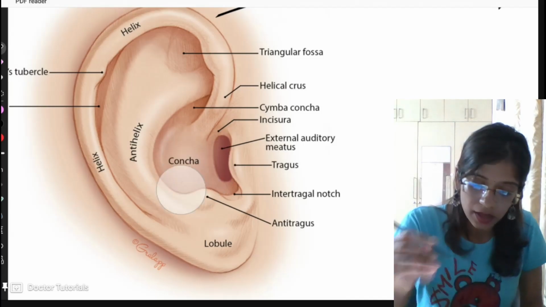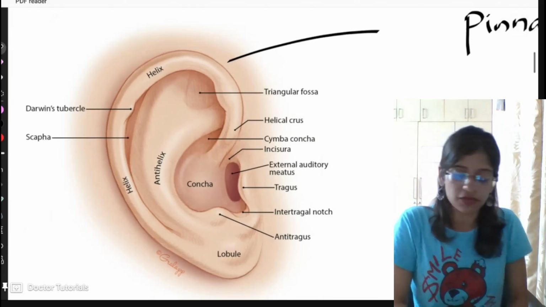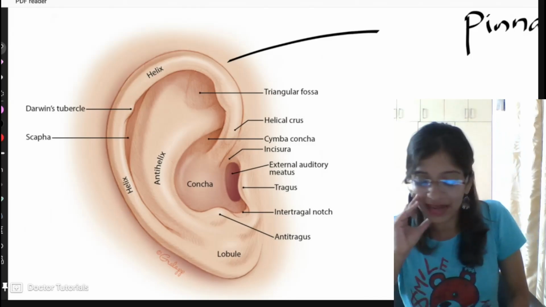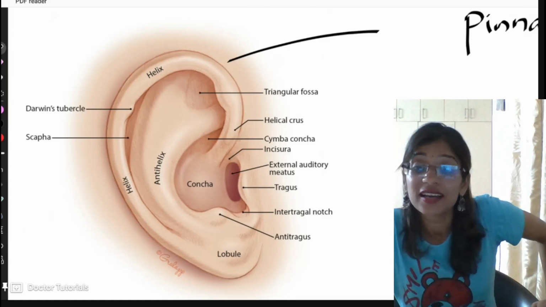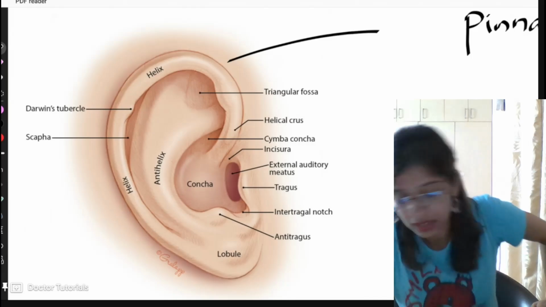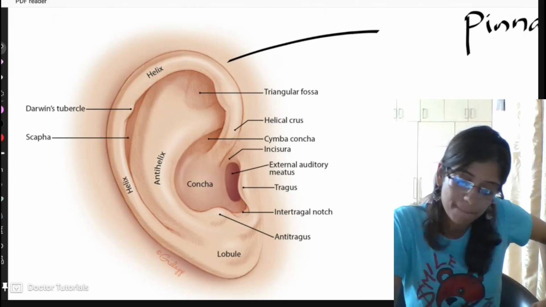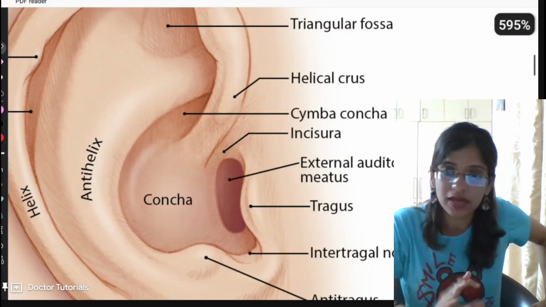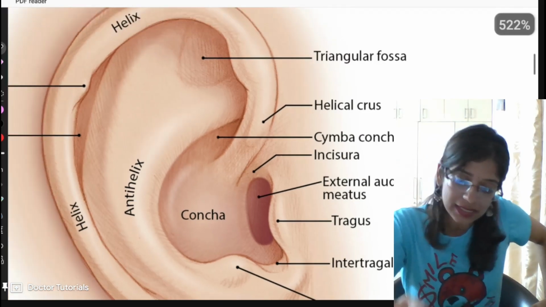A very important question they might ask from the external ear is an area called the incisura terminalis. What is it? Incisura terminalis. I'll tell you what that is. I'll show you the site of incisura terminalis, because you have to know a few lines about that area.